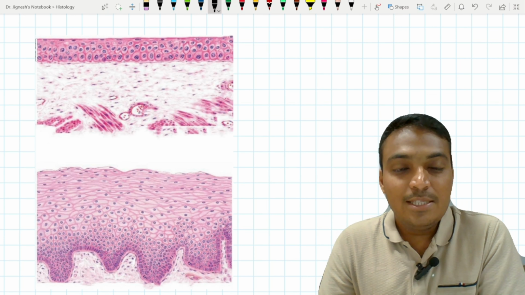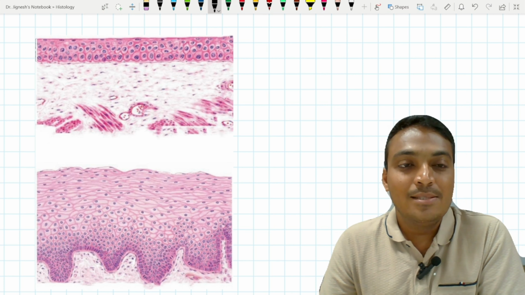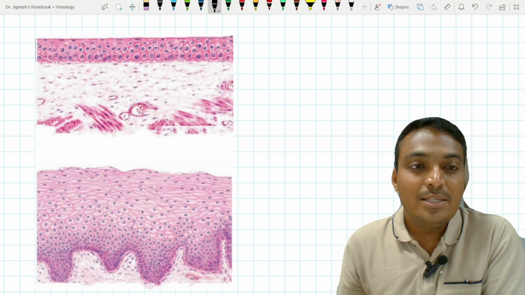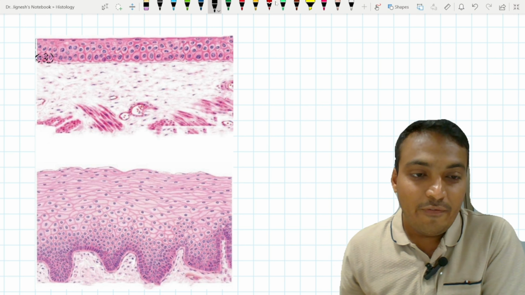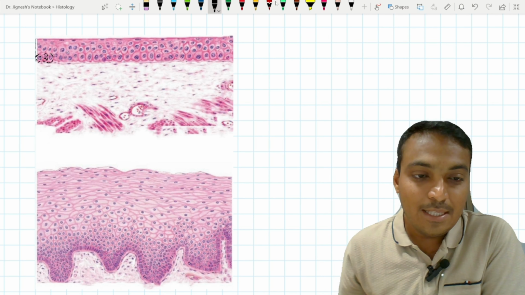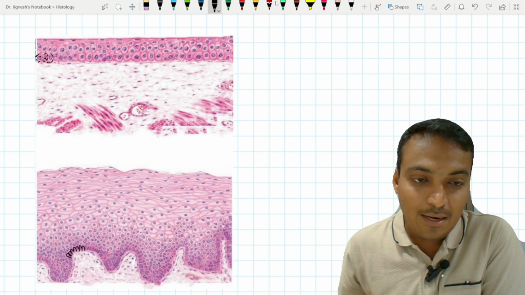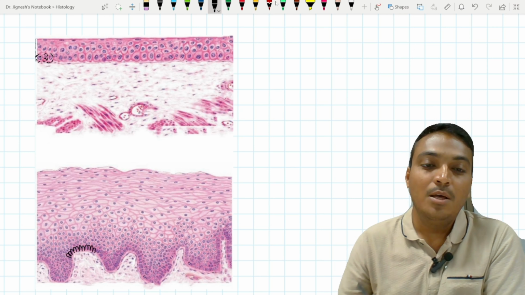We can differentiate easily by the basal cells. The basal cells in the transitional epithelium are rounded in shape, and they are very large. While in the stratified squamous epithelium, the basal cells are columnar cells. You can easily appreciate the columnar layer as the basal layer in the stratified squamous epithelium.